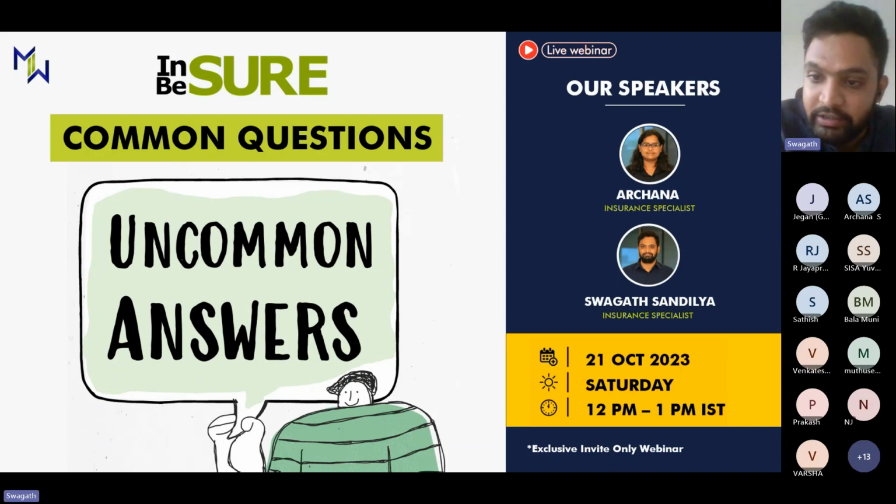Which is the best company to take term insurance? So as Archana told, for term insurance, most of us choose to take the policy with the claim settlement ratio, but that's not the right factor, because that claim settlement ratio is not just for the term insurance. It's a combination of term, endowment, ULIP, and all of that, right?